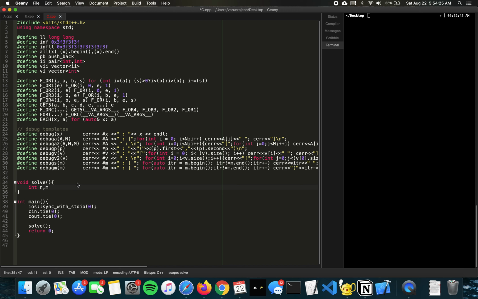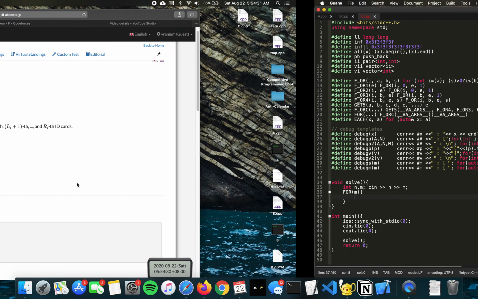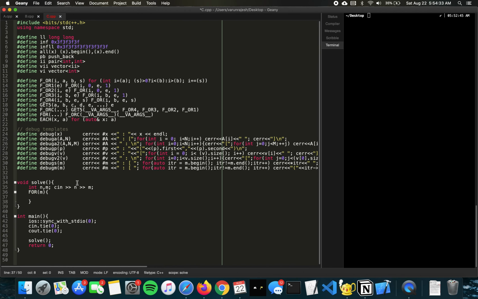So at first we're given n and m. Then in the next m lines, we're given a lower bound and an upper bound.